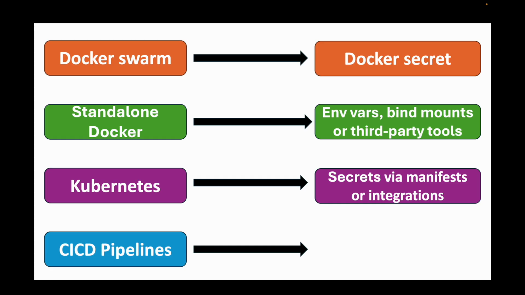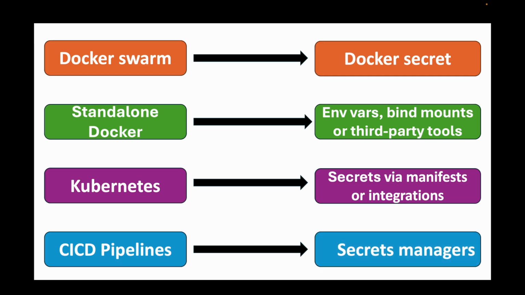And if you're using CI/CD pipelines, then you can consider using a secrets manager like GitHub Actions, GitLab CI, or Secrets Manager in AWS. And this will help you to secure your runtime injection. So again, I'm not going to show you an example, but you can create secrets and start using that in your Dockerfile to securely pass your secrets and never ever hard code your credentials.